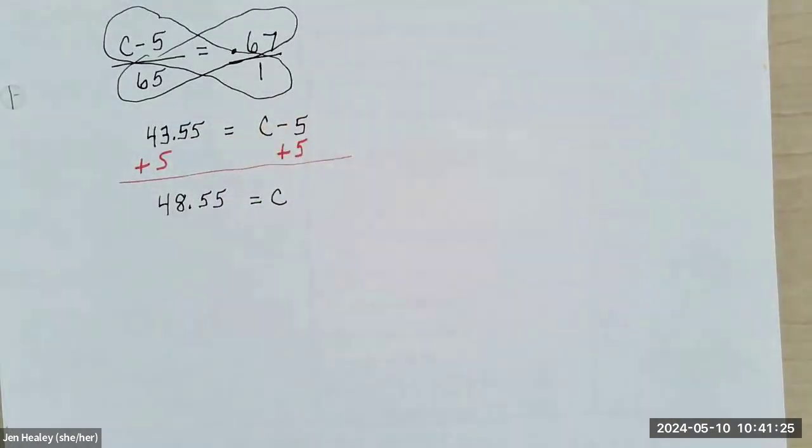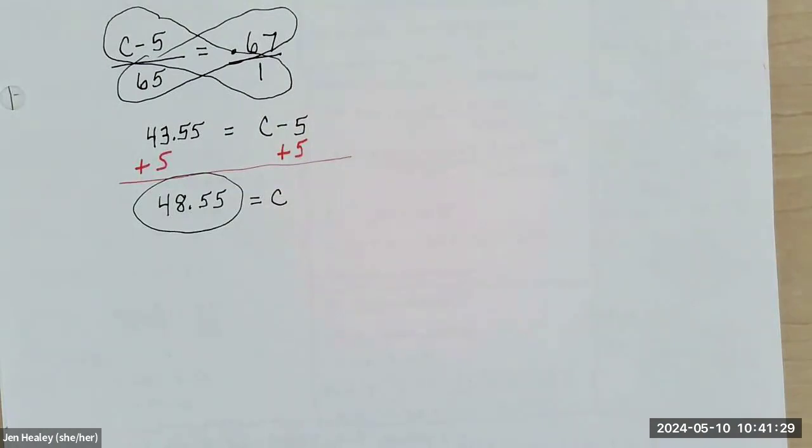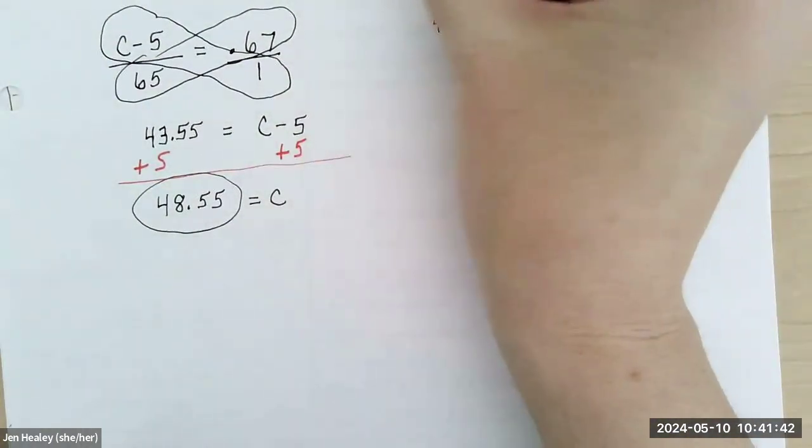So the answer to what is the 67th percentile is 48.55. Now, if you wanted to make sure you did this right, then when I take 48.55 and I subtract 5, I get 43.55.